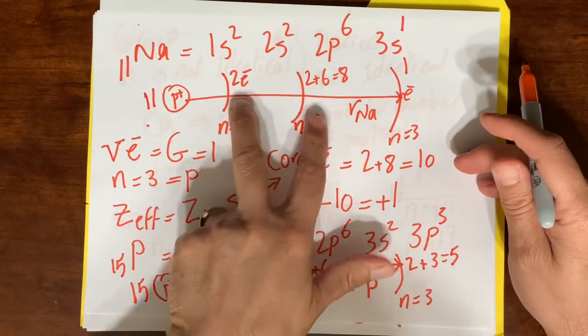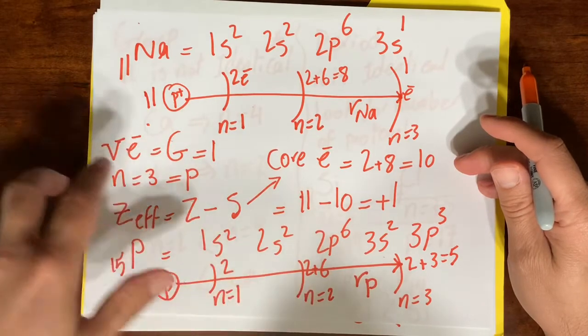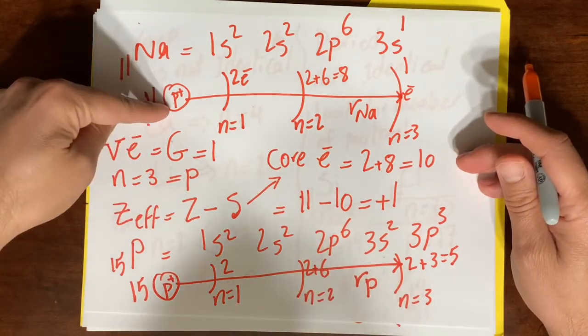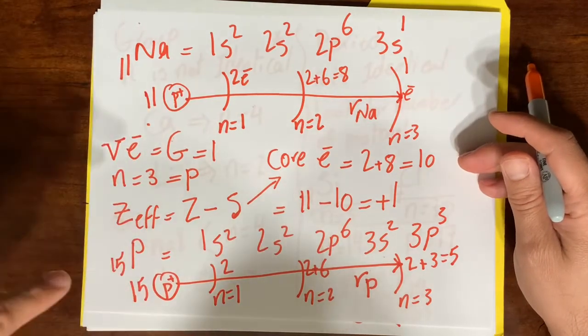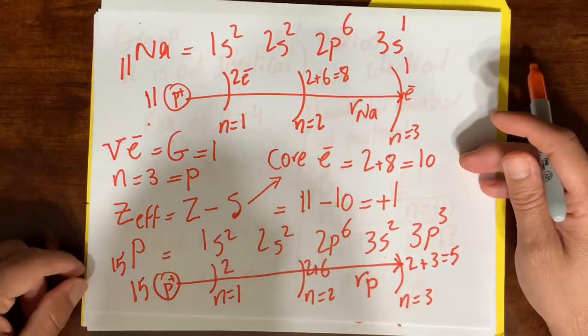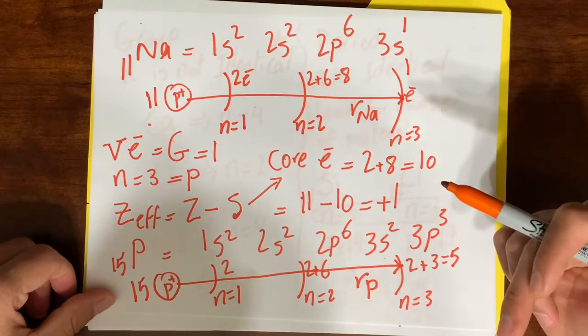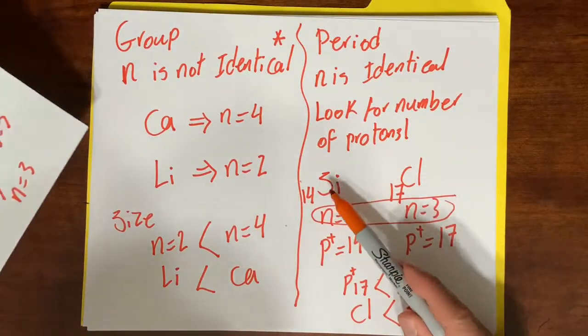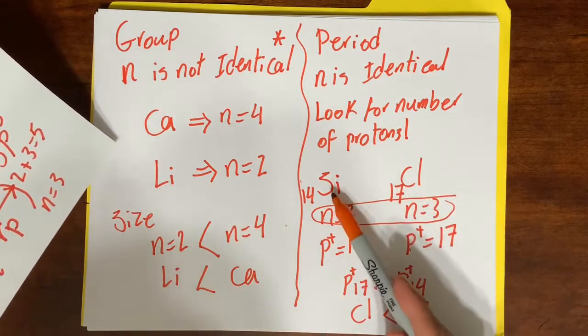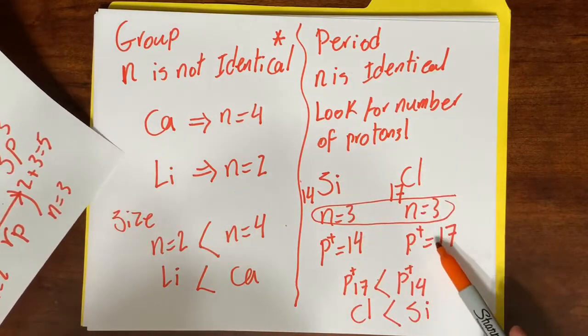Because we have the same shielding effect, the only effect left is the attraction force from the nucleus. 11 protons versus 15. The one that has more protons will apply higher force, so it will be smaller. Silicon versus chlorine. Silicon has only 14 protons, chlorine 17.